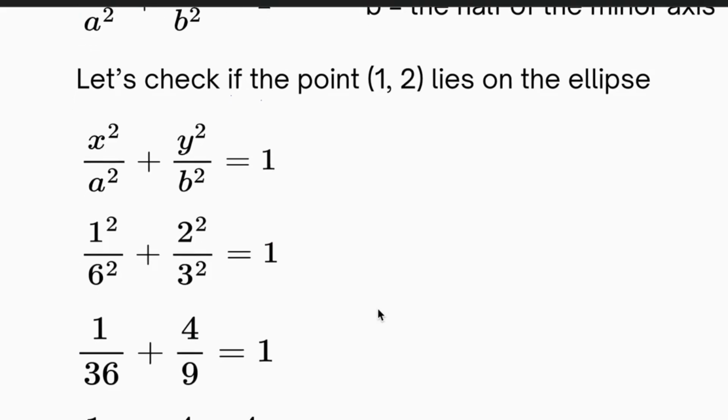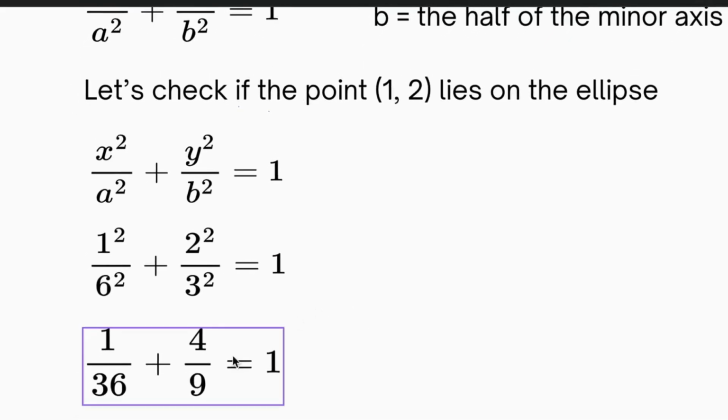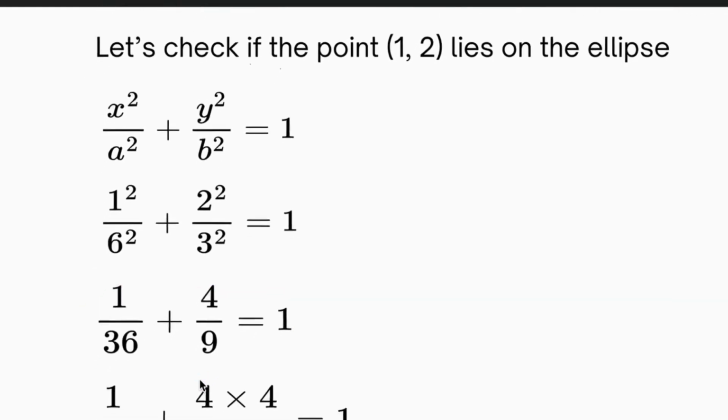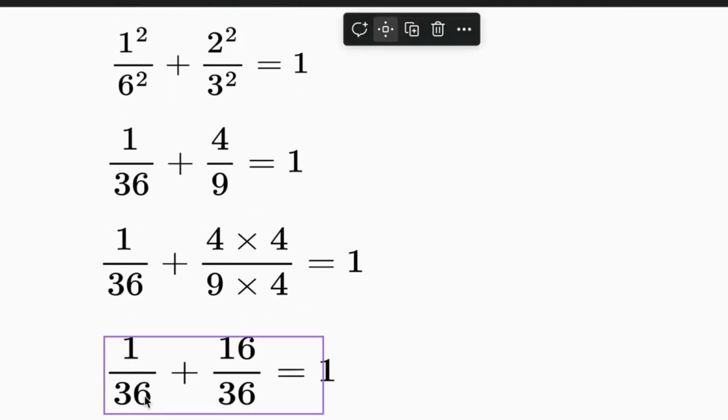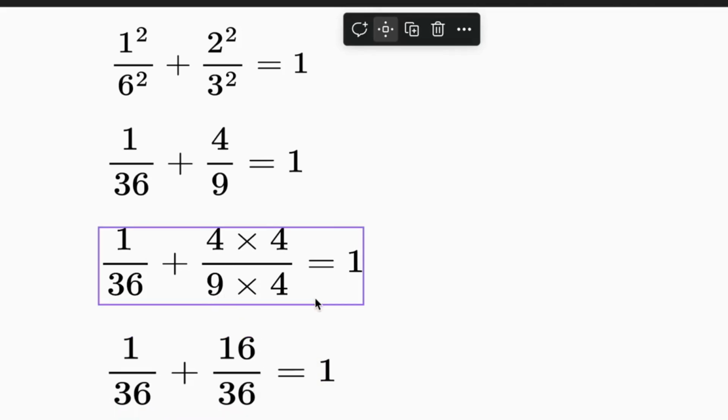Since the denominators are not equal, here the denominator is 36 and here the denominator is 9, let's make these denominators equal by multiplying 9 by 4, which will give us 36. And since we're multiplying the denominator by 4, we have to multiply the numerator too, which will give us 1 by 36 plus 4 times 4, 16, divided by 9 times 4, which is 36, equals 1.